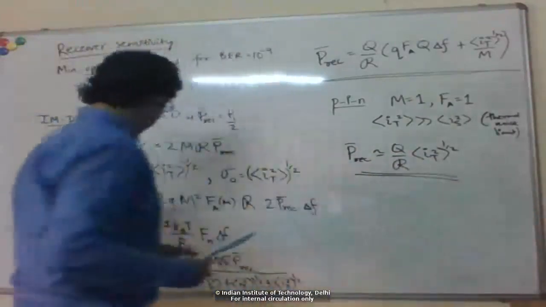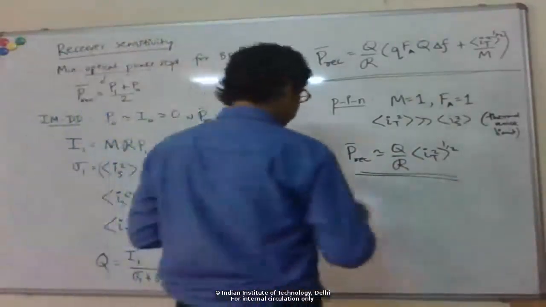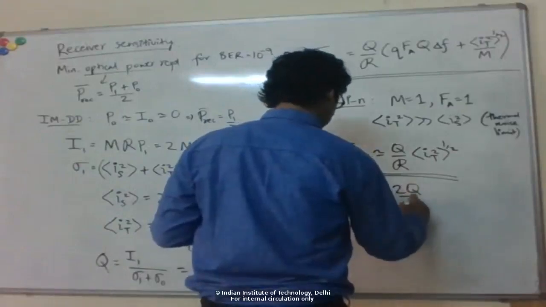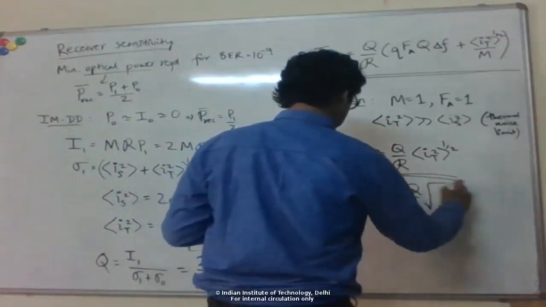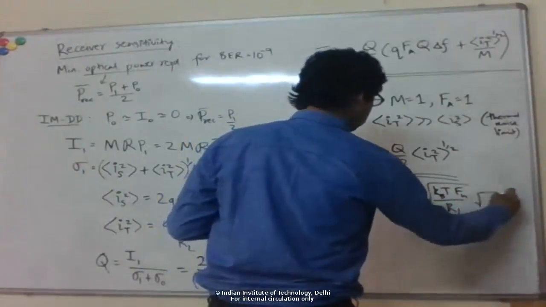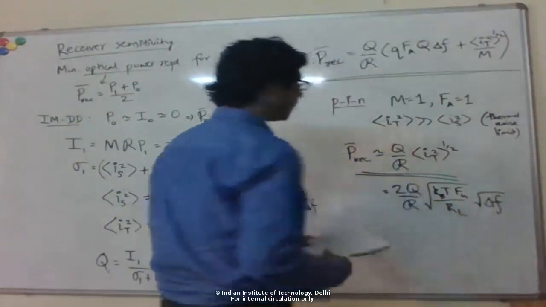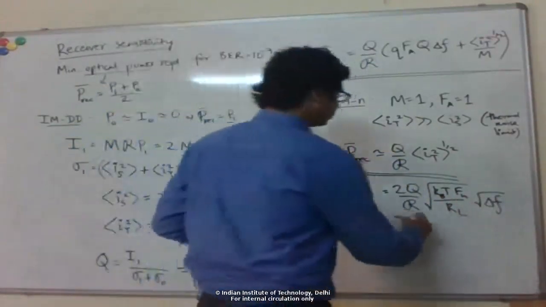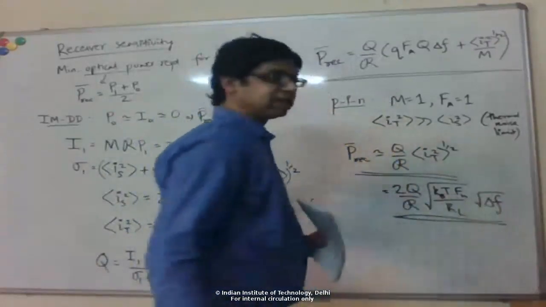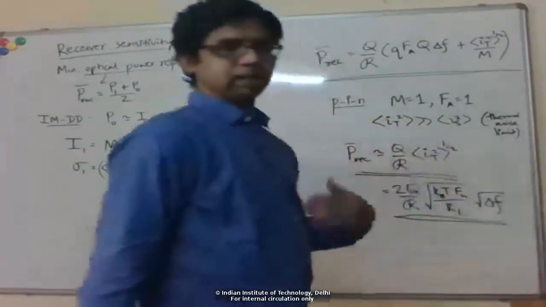Okay, so if you put the formula for the thermal noise here, you also see that the sensitivity scales with the square root of the receiver bandwidth, or equivalently the bit rate, right?